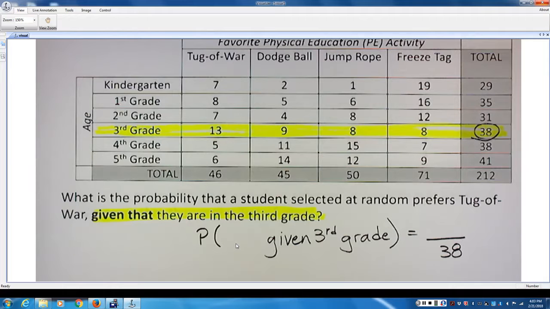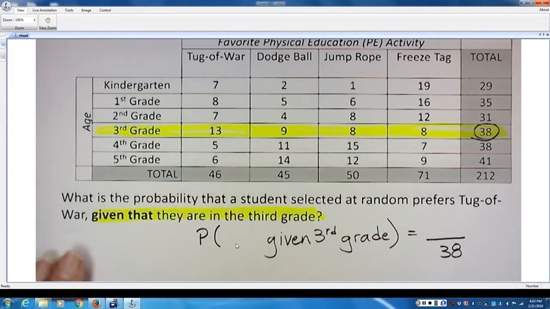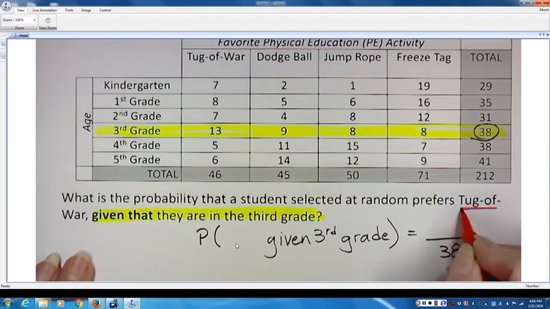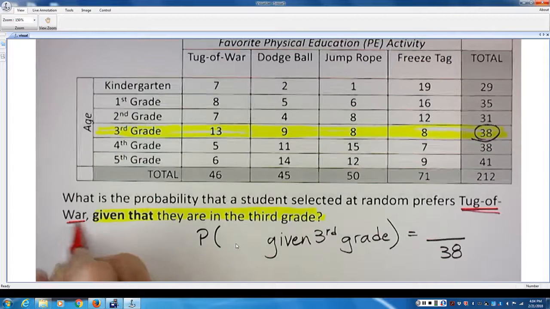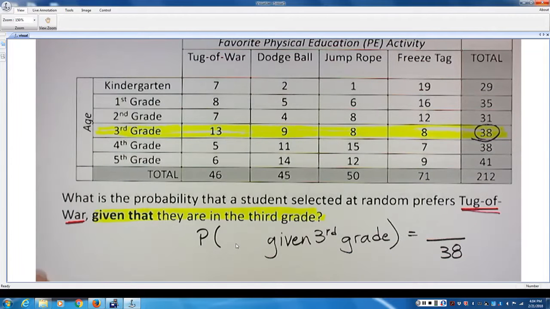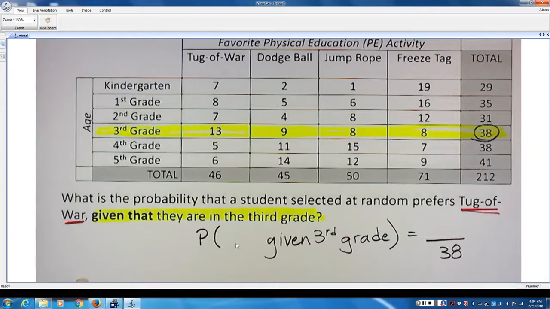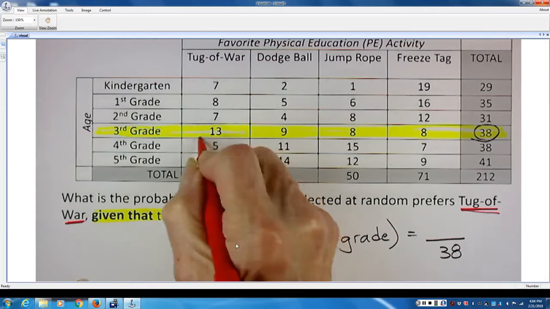Now I can read the rest of the question. What's the probability, if they're in the 3rd grade, they prefer tug of war? How many of those 38 kids preferred tug of war? 13.